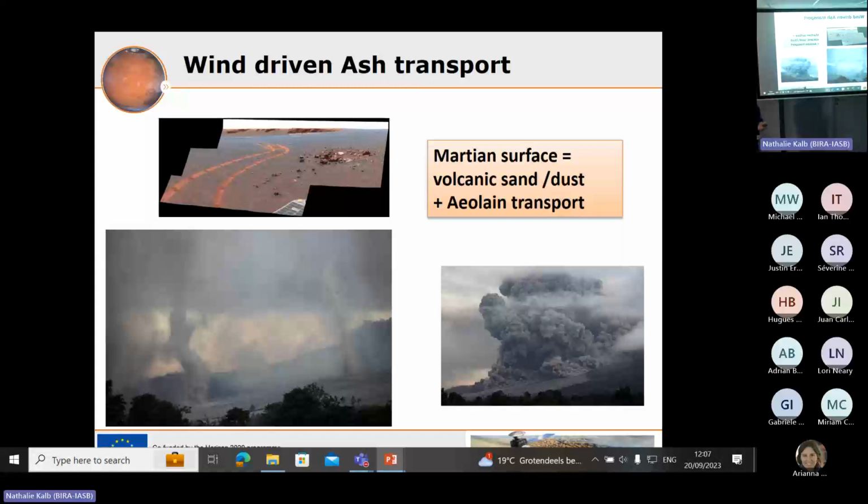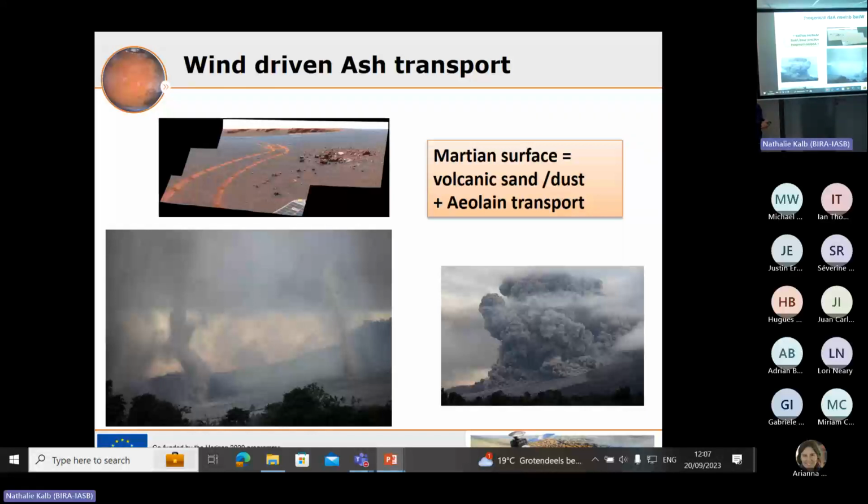So a lot of the experiments we do for sand and dust for Mars are the same kind of experiments we do for volcanic transport on Earth. And interestingly, the upper atmosphere of Earth, the stratosphere, looks like a Martian atmosphere, with about the same pressure and temperature. Plus, the surface of Mars is actually a kind of volcanic environment.